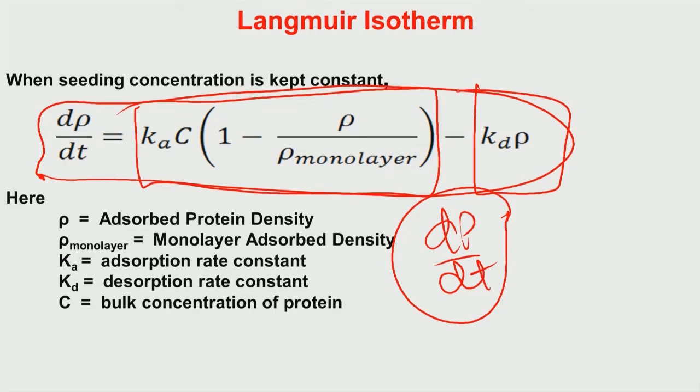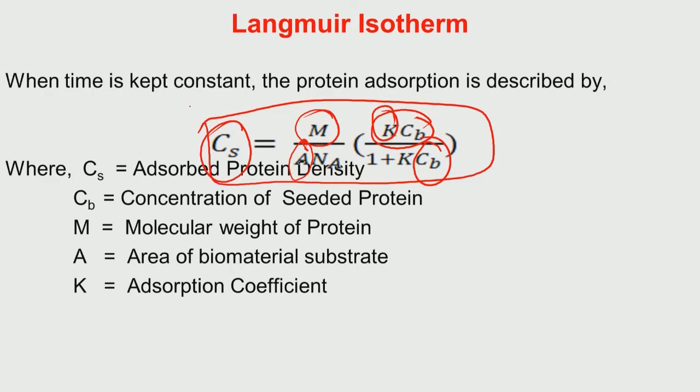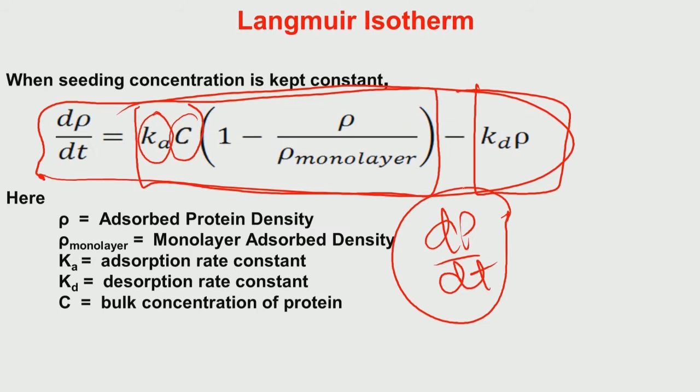In the adsorption term, as you can see here, Ka is the adsorption coefficient, and capital C is the bulk concentration of protein, which I explained in the last equation as the Cb term, multiplied by 1 minus rho upon rho monolayer.